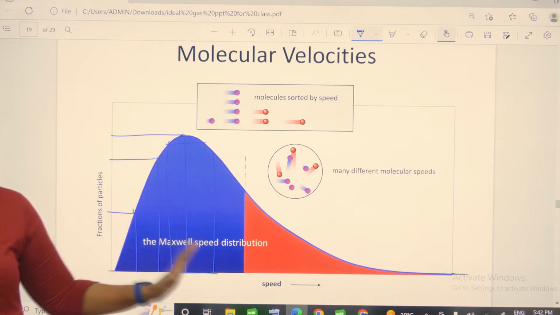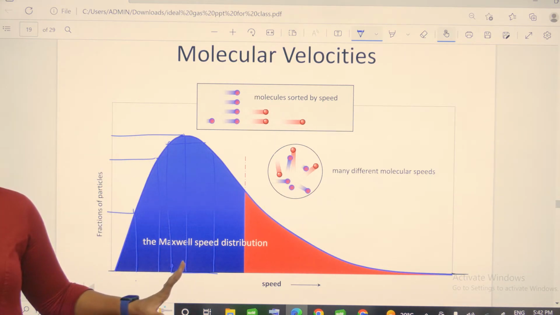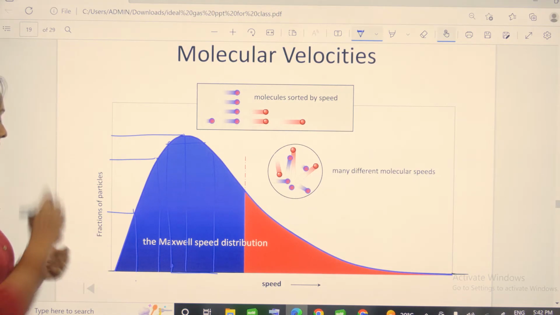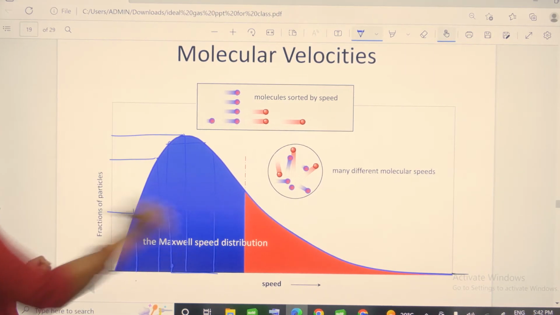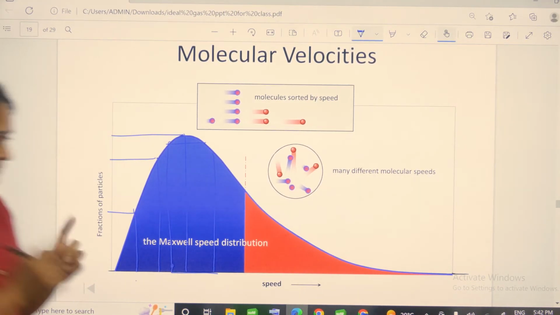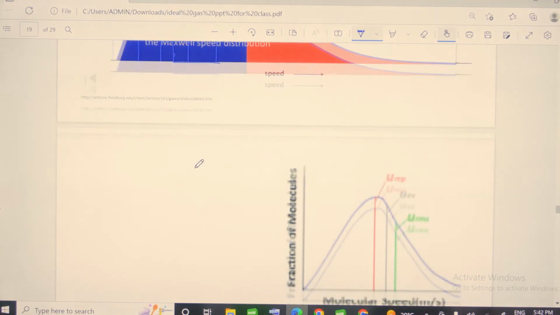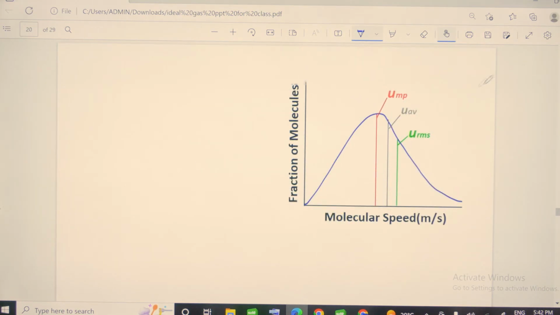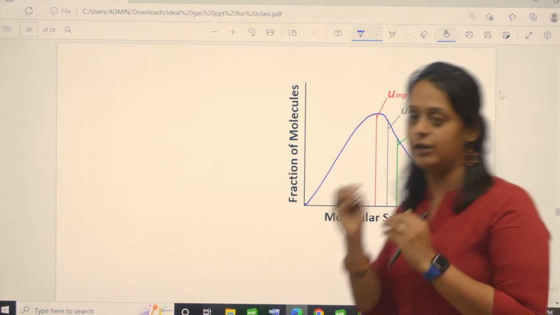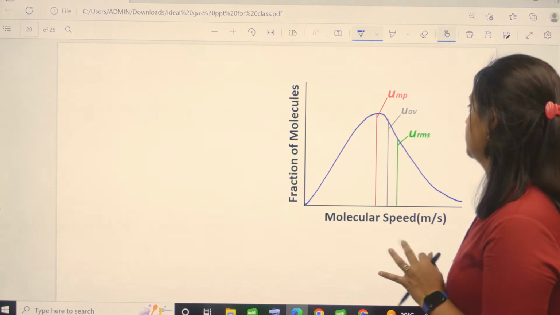And this distribution is very important. Okay, so what did he do? He plotted the fraction of particle against the speed. Now, let's imagine another thing with this. So there comes 3 different types of velocity which are going to be introduced.